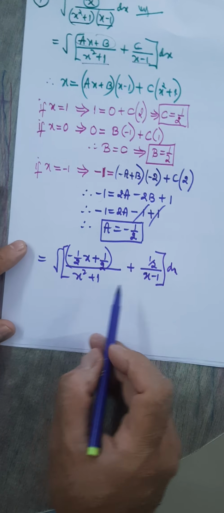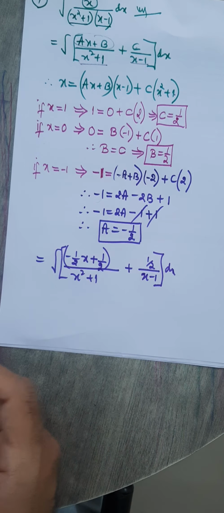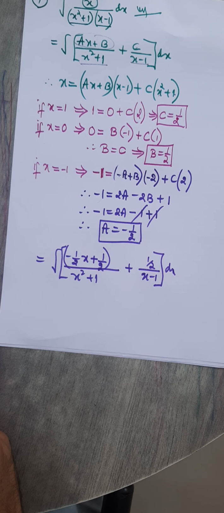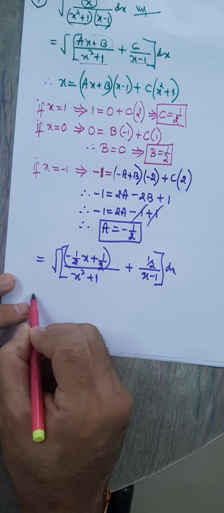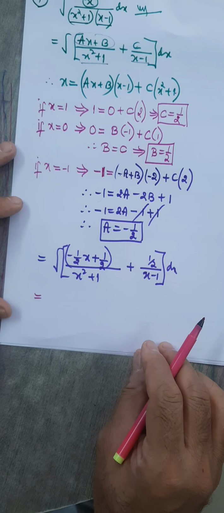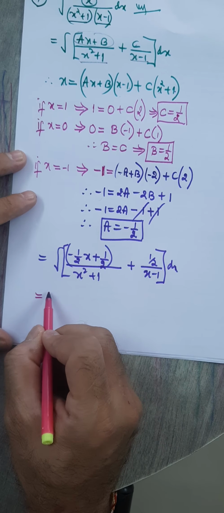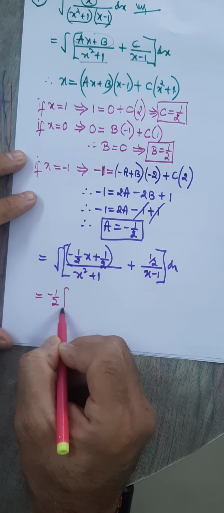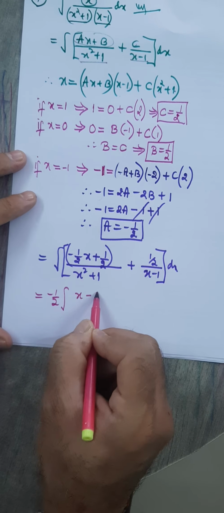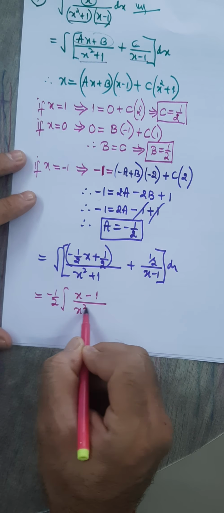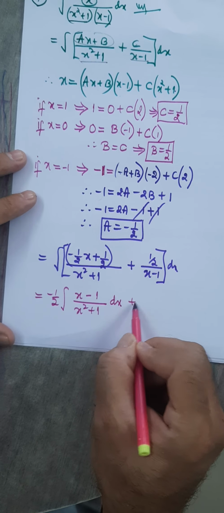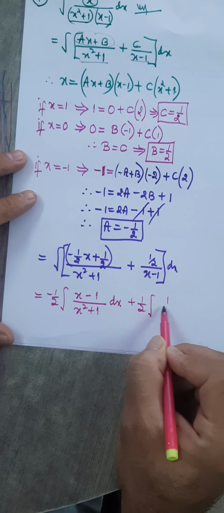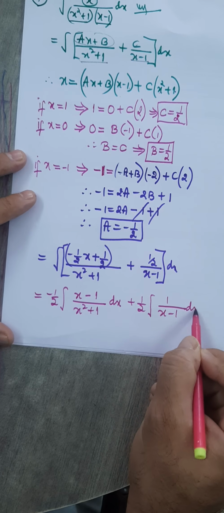Now this can be integrated very easily because this is just 1 upon linear. So log of mode of denominator expression, log of mode of x. What about this? Here at least I can take minus 1 by 2 outside. So this is x, this is minus 1 upon x square plus 1, plus 1 upon 2, 1 upon x minus 1.